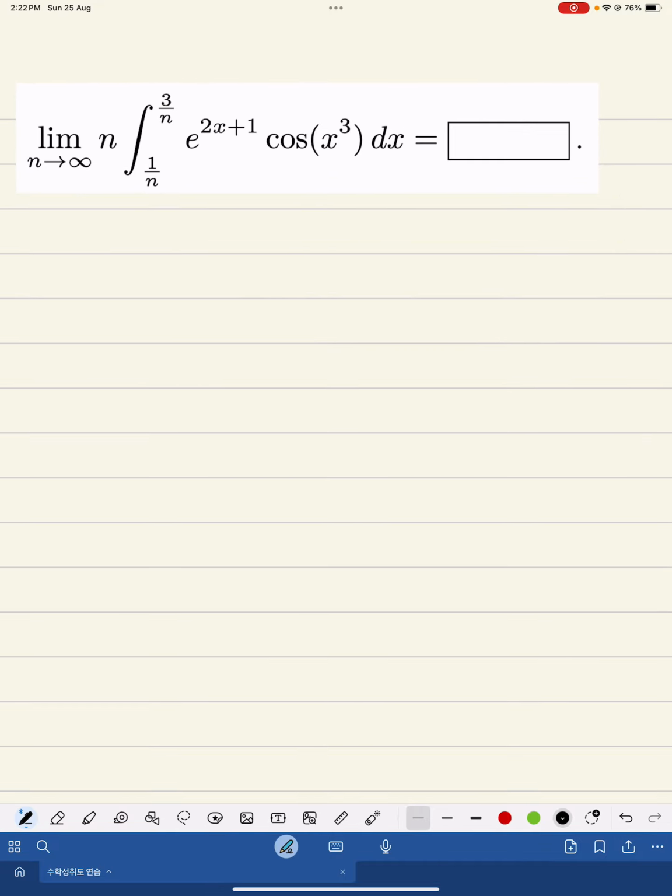The question is simple. Find the limit as n approaches infinity of n times the integral from 1 over n to 3 over n of e to the 2x plus 1 times cosine of x cubed dx.